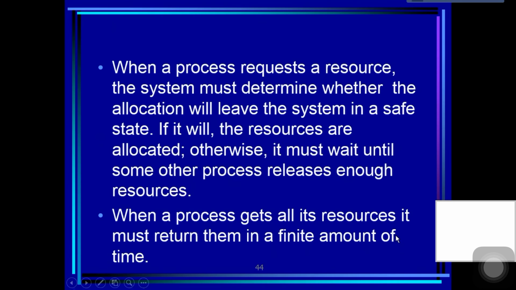When a process requests resources, the system must determine whether the allocation of these resources will leave the system in a safe state. If it will, the resources are allocated. Otherwise, the process must wait until some other process releases enough resources.